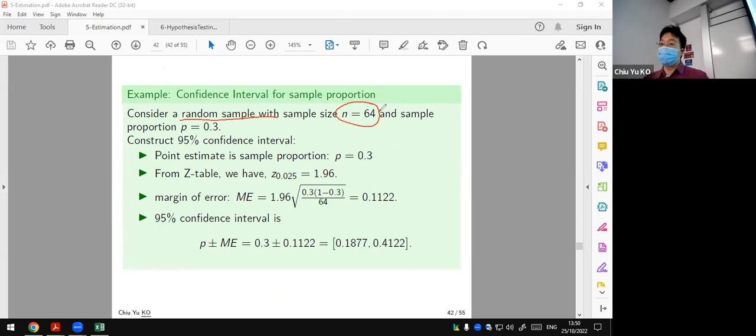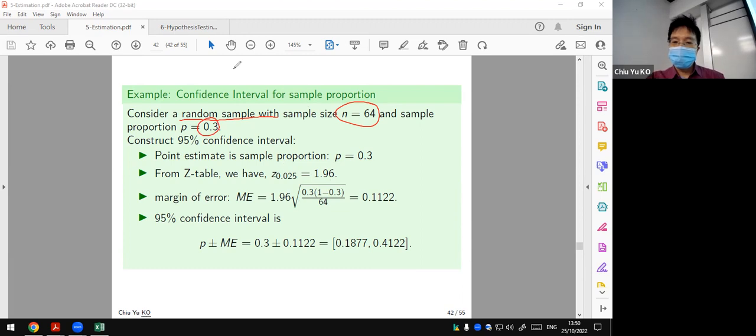Binary, 0 or 1. You've got a proportion of 0.3, so 30% of people like cats. The question is, how do we proceed?